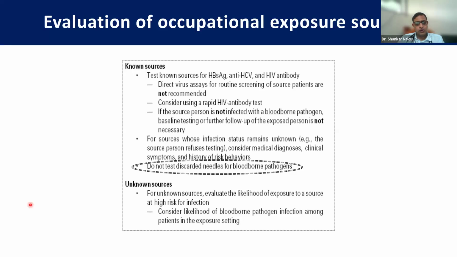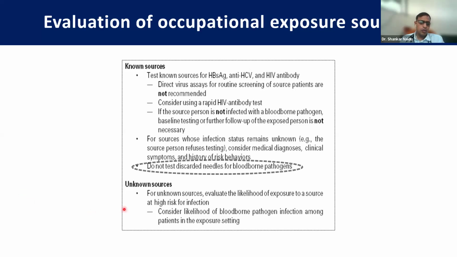For sources whose infection status remains unknown, or the person refuses to get tested for these viruses, then consider medical diagnosis, clinical symptoms, and history of risk behavior, and then determine whether the source can be thought of as potentially infectious or non-infectious.